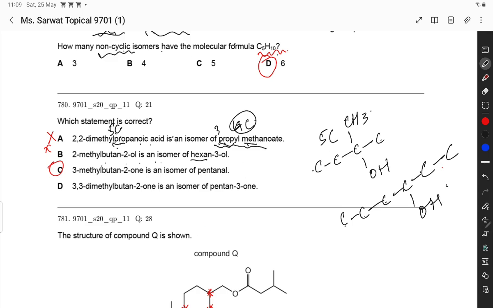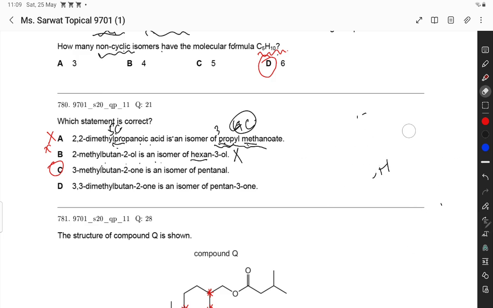So it is not an isomer. This is also incorrect. 3-methylbutan-2-one has 4 carbon in the main chain, with 3-methyl.